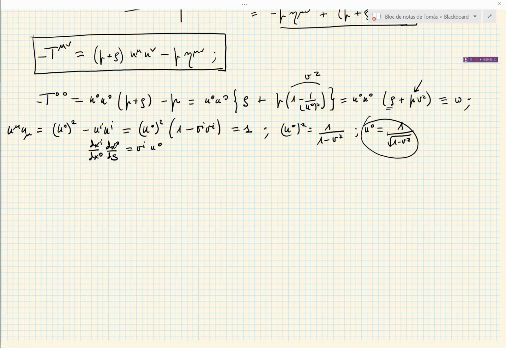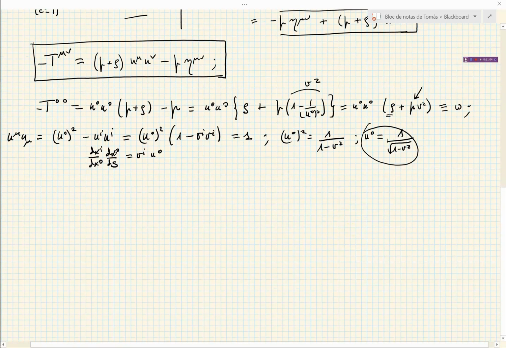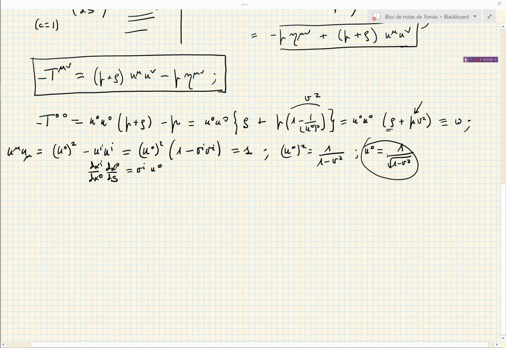So there is a delicate equilibrium between what the pressure can do to oppose the compression and the fact that it creates more gravitational field. And this is a radical difference between the Newtonian gravitational field and the relativistic gravitational field that leads to gravitational collapse that cannot happen in Newtonian physics.